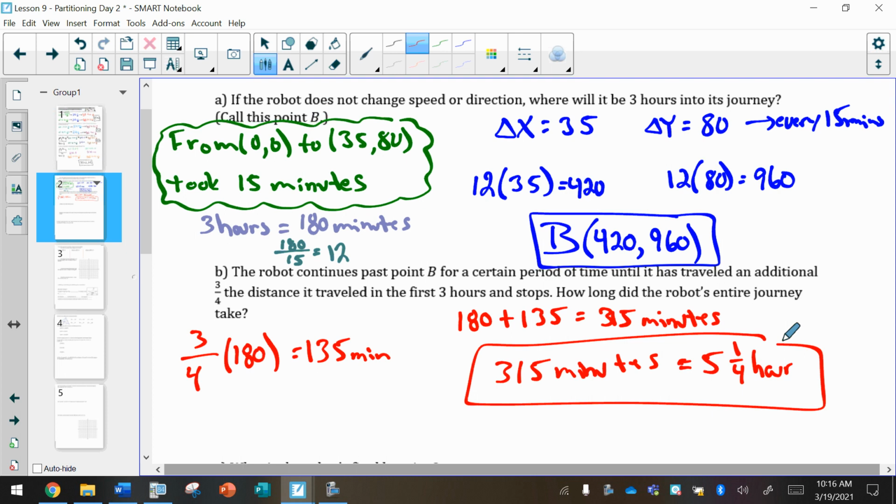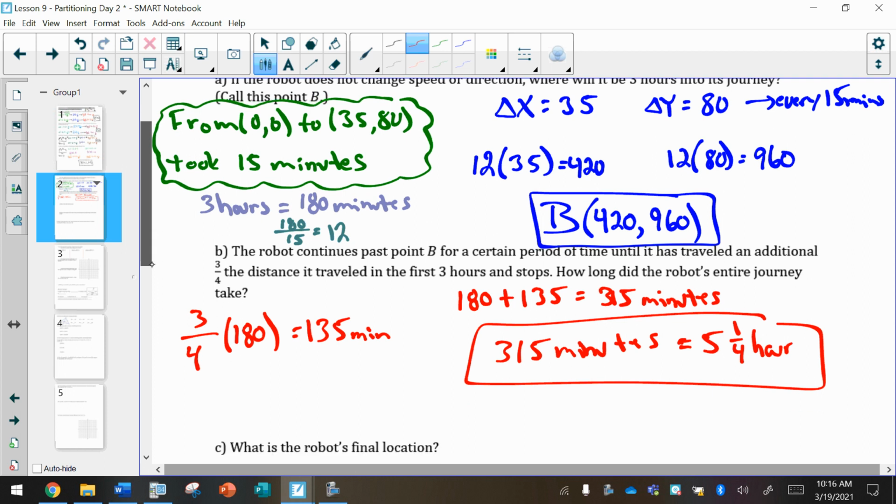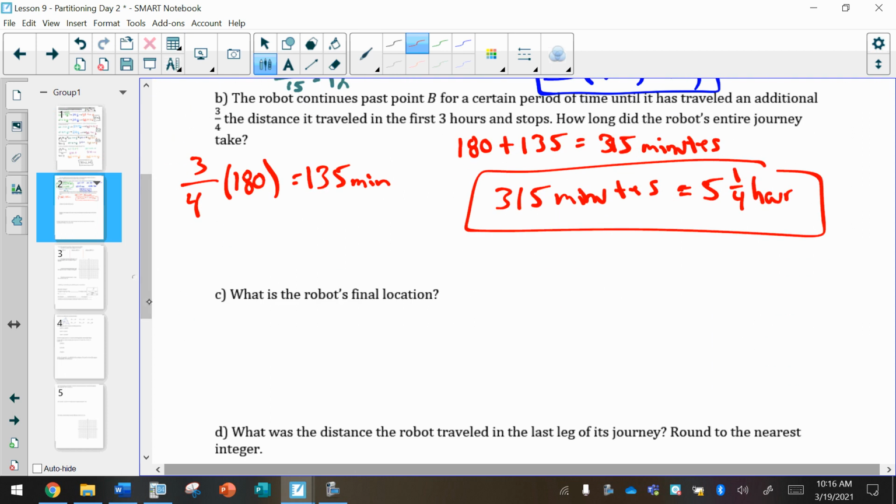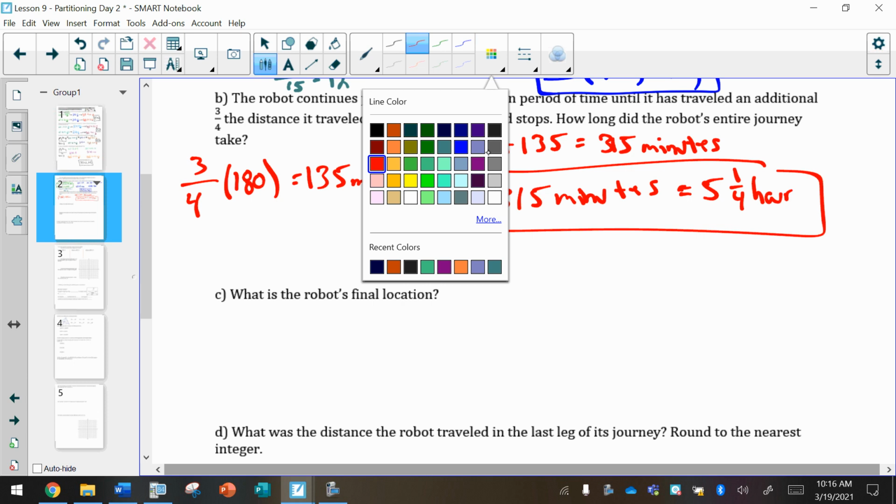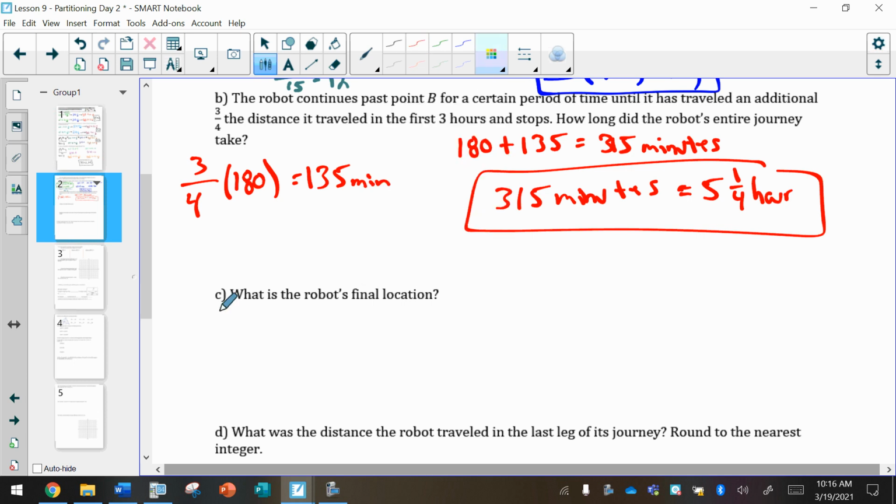Now, part C. What is the robot's final resting location? So where does it stop? Now we've got to figure out the position point. Okay, so if we do similar to what we did at the beginning, we are going to take the total time of 315 minutes, divide it by 15, because I know how far it travels every 15 minutes.